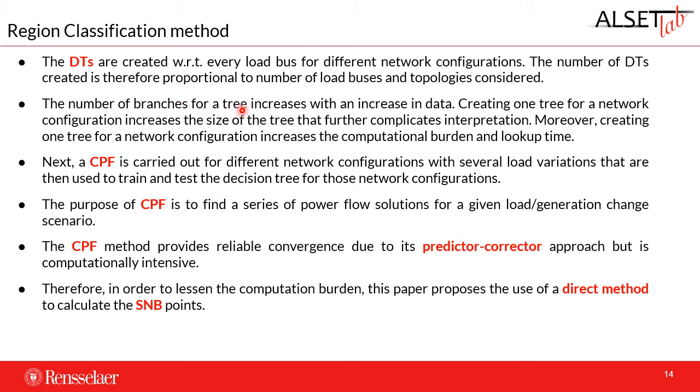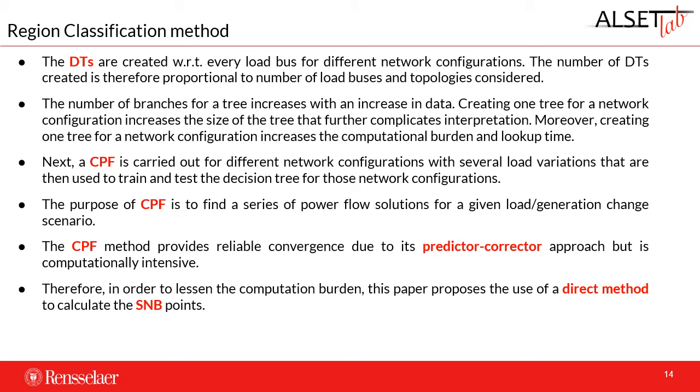The number of branches of the tree is going to increase with the number of cases. This increases the size of the tree, which makes it a little hard to understand, and it will increase the computational burden and lookup time.